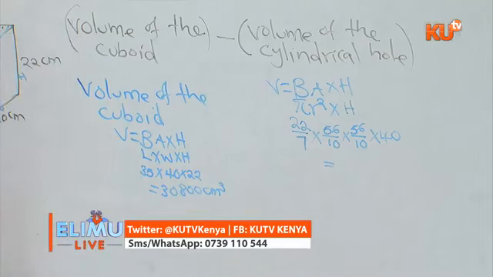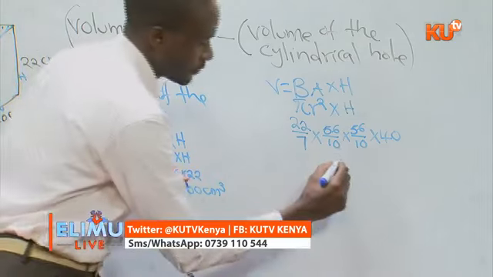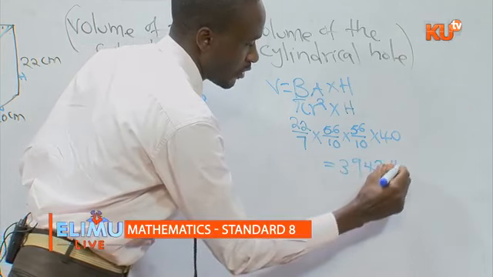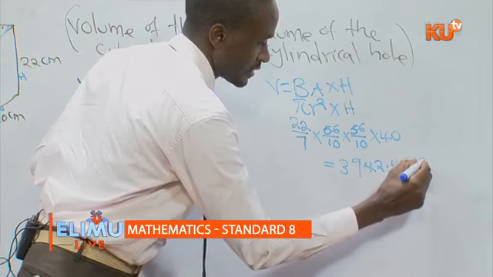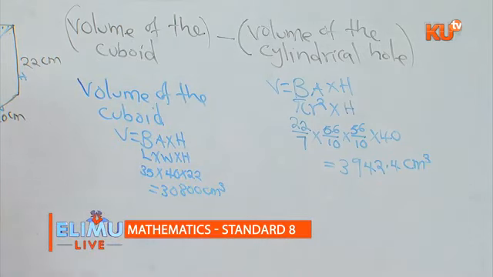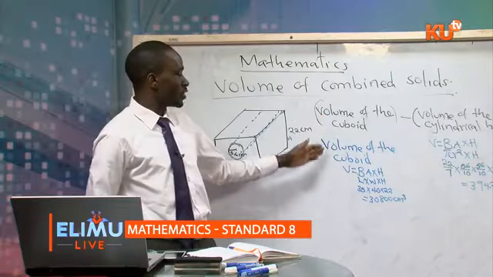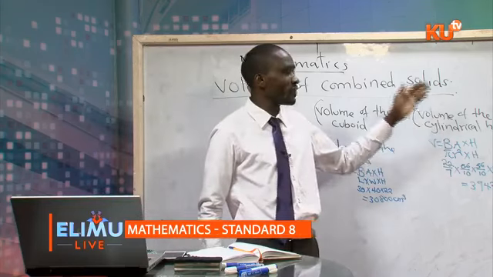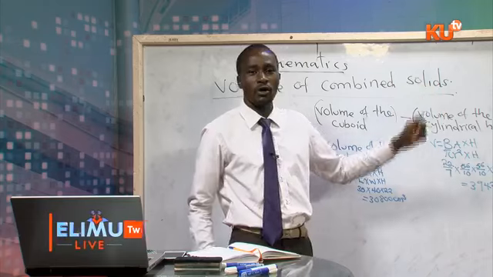That one will give us 3942.4 cubic centimeter. Now you have the volume of a cuboid and volume of the cylindrical hole.